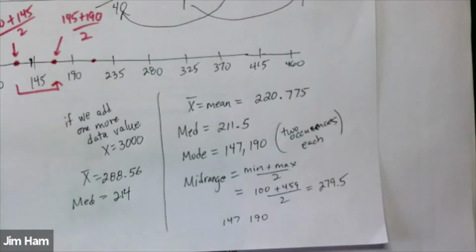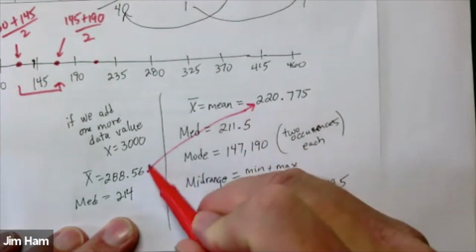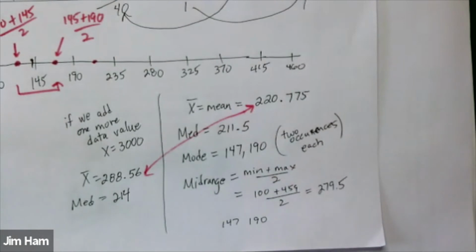Now look what happened when we added that one outlier. The means change quite dramatically. They changed 68 grams is what happened. So one outlier can really sway the mean of the entire data set.